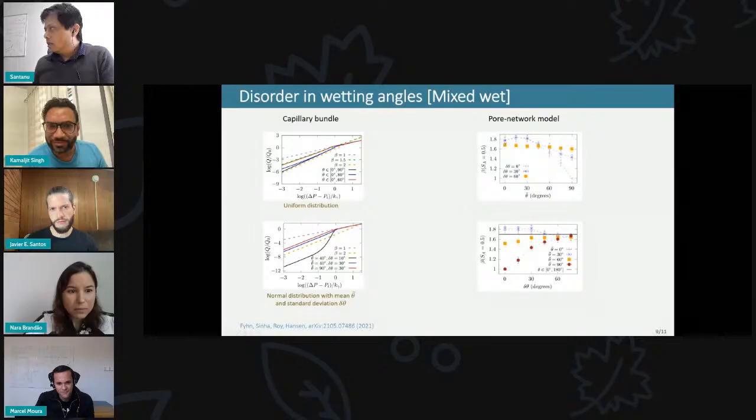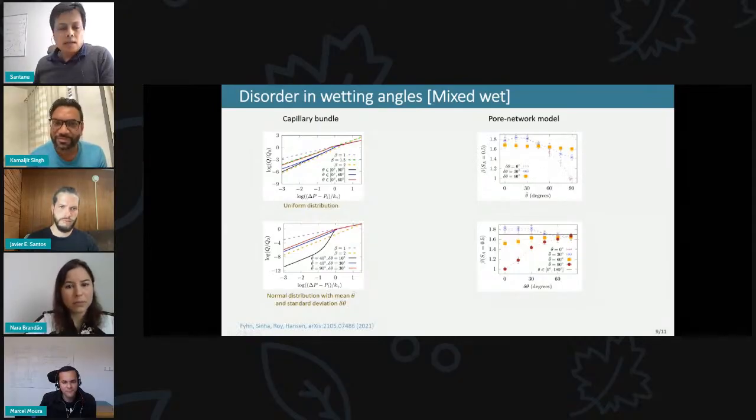This is captured in these two plots, and here we see that, for example, if we have theta equals 90 degrees, and the width of the distribution is 0, that means there are no capillary forces because it's neutrally wet, and that gives this linear behavior, beta equals 1. And if we go away from this, you get around 2.